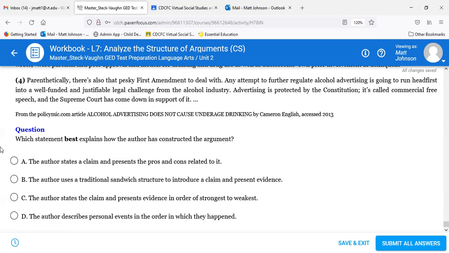C, the author states the claim and presents evidence in order of strongest to weakest. D, the author describes personal events in the order in which they happen. C. C. Yeah, C as in cat. The author states the claim, presents evidence in order of strongest to weakest.